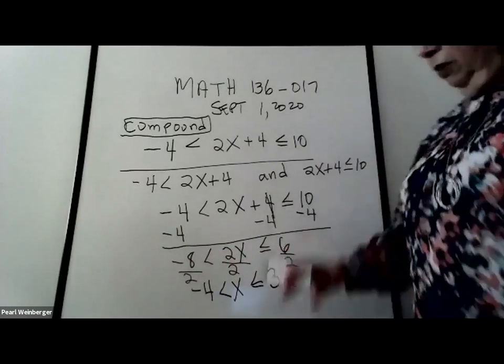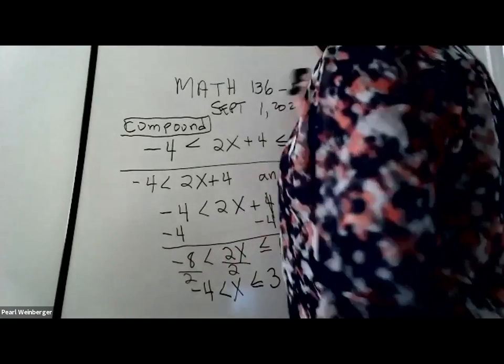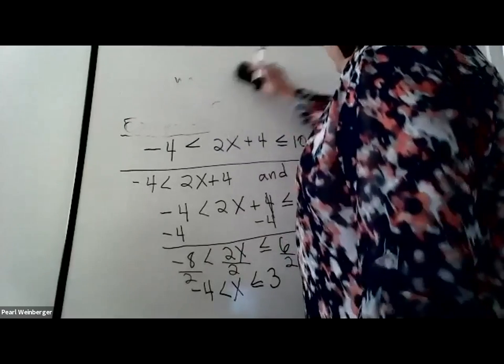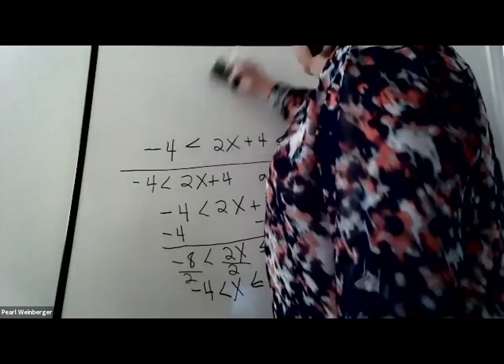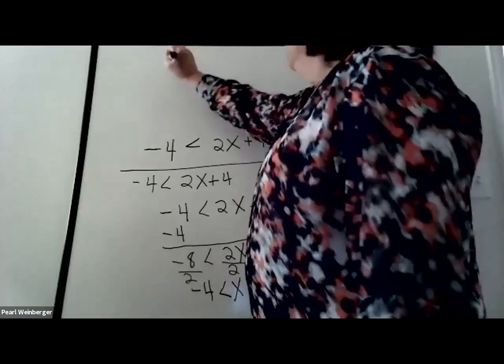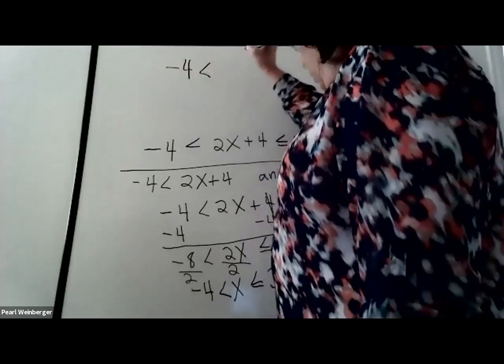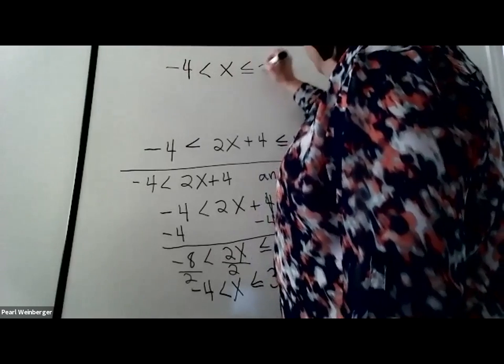And I'm going to go up here on the top and rewrite this over here. So we get as a final answer -4 less than x less than or equal to 3.